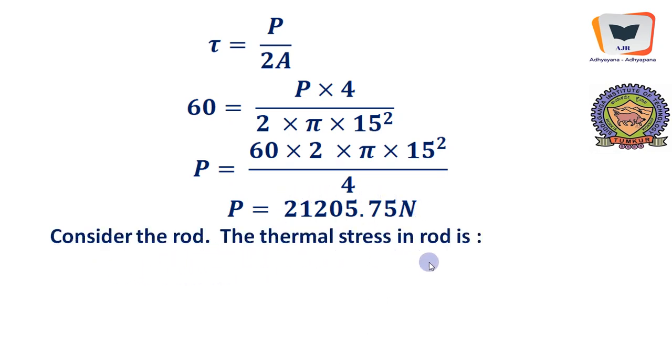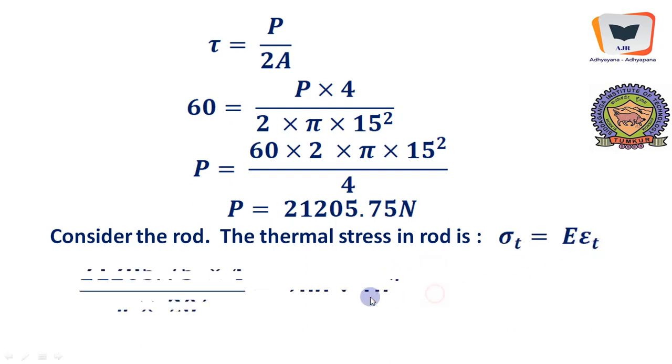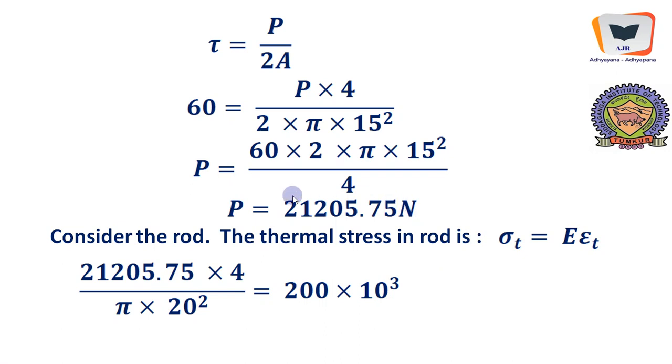Consider the rod. The thermal stress in the rod is sigma T equal to E into epsilon T, and because we know the force over here, it is force divided by area. The rod diameter is 20 millimeter, therefore pi into 20 square divided by 4 will go up, and this is the force. This is equal to E, 200 into 10 to the power of 3, into 12 into 10 to the power of minus 6, into epsilon T, written as alpha into delta T. Alpha is given and delta T we have to compute.